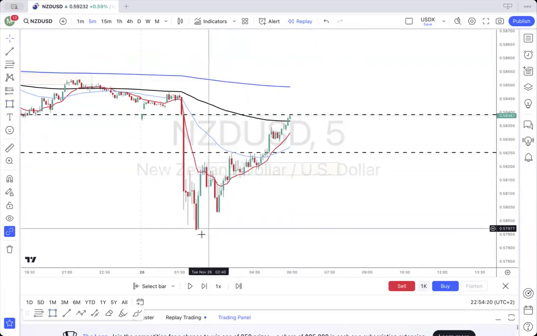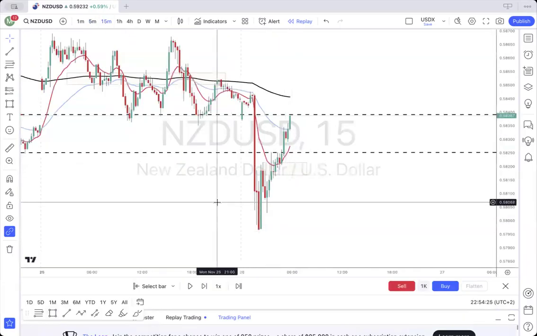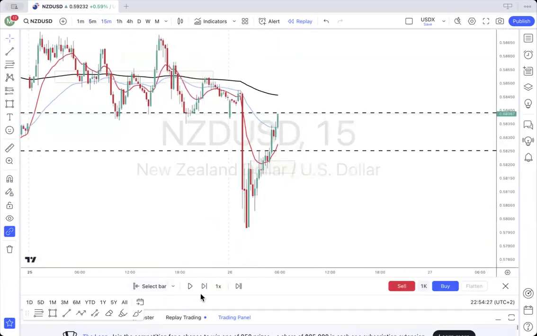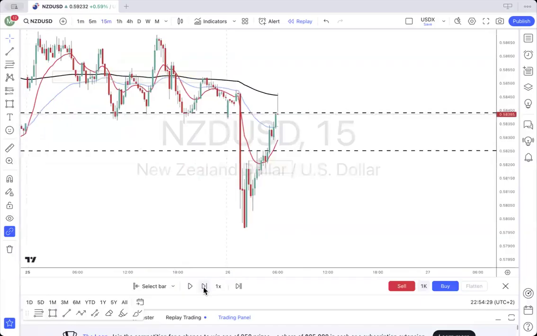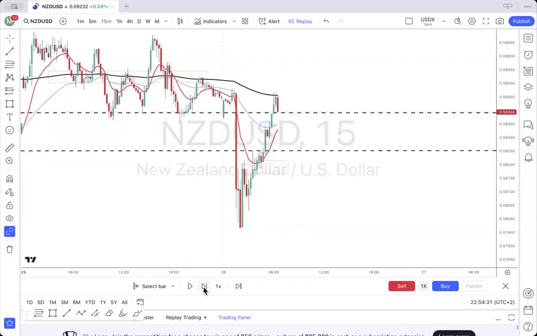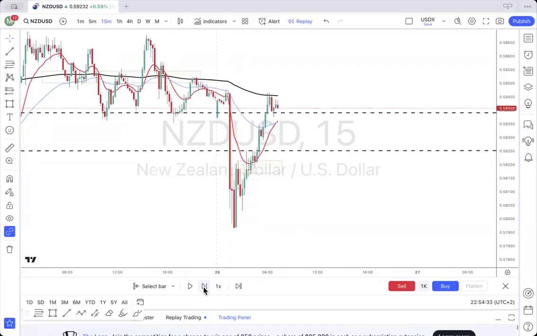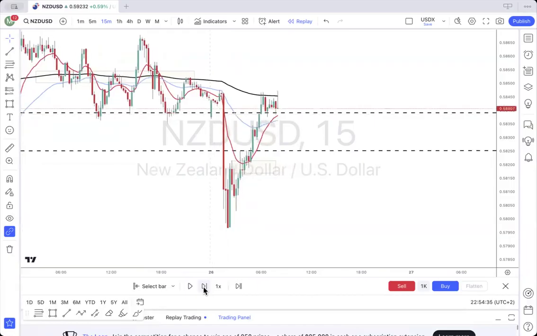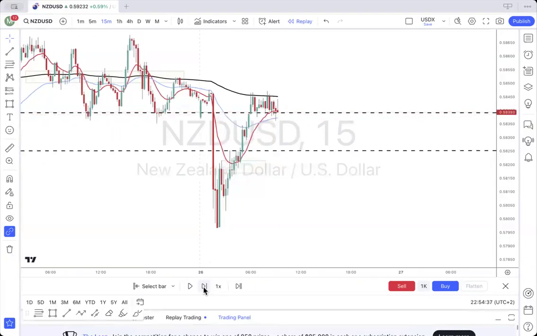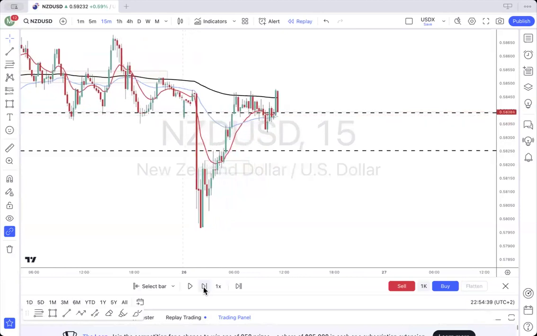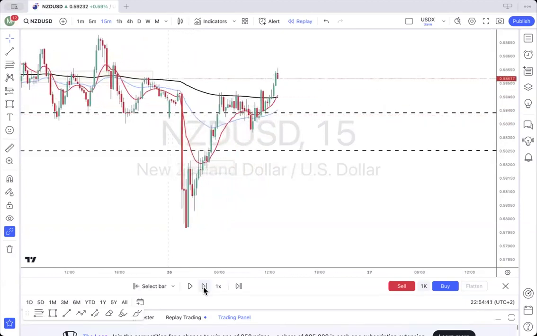A neckline sitting right there, and our nice W there. Now let's see what happens. There you go.